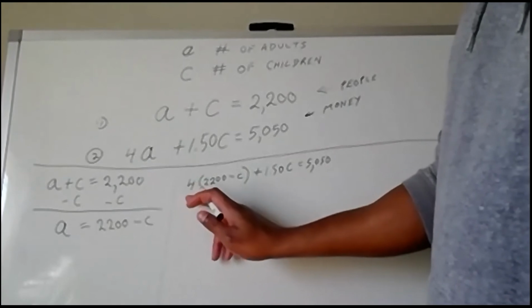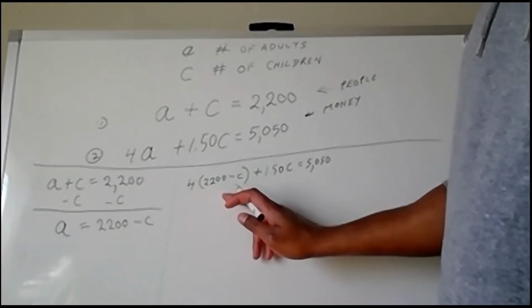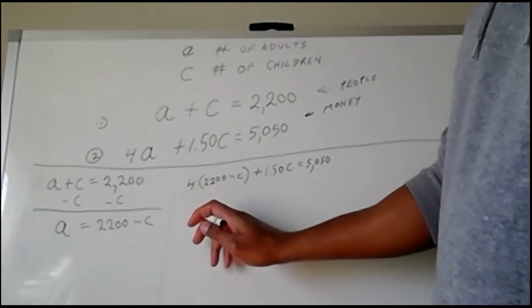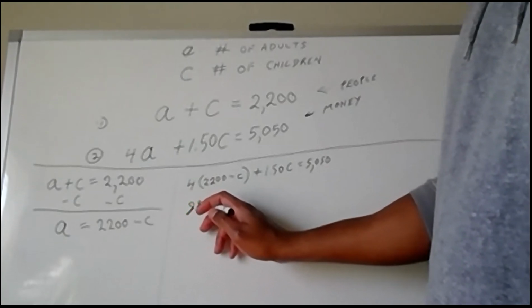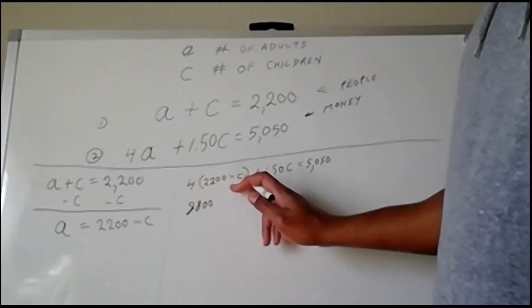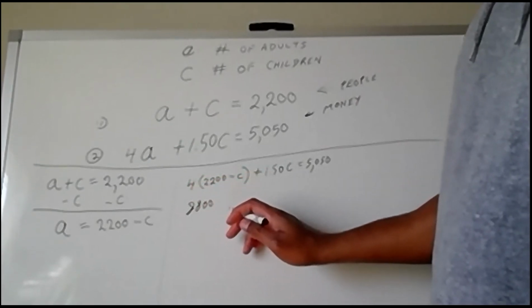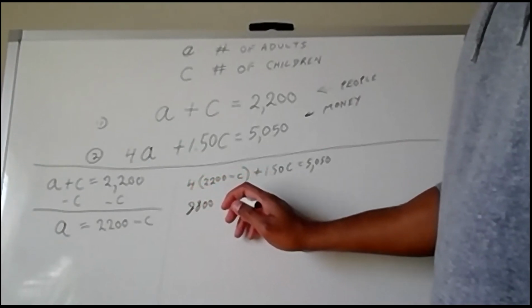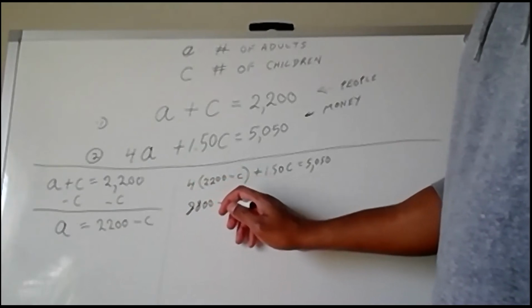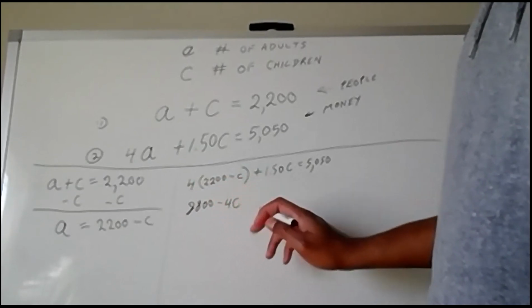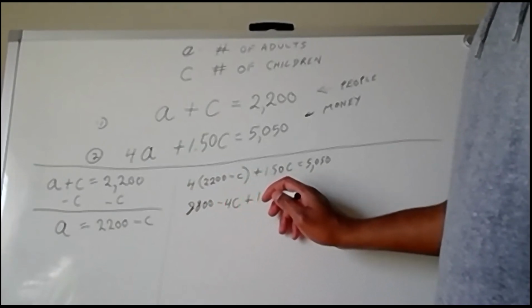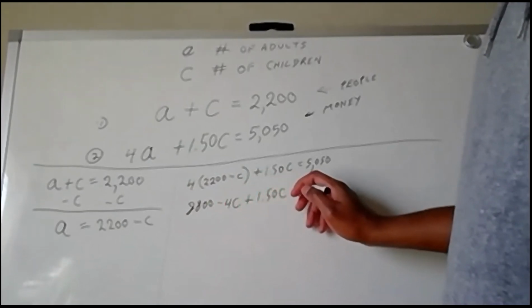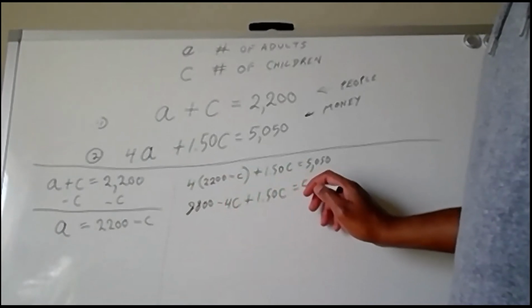What's 4 times 2200? That's 8800, right? So 8800. 4 times negative C is negative 4C, right? Plus 1.50C is equal to 5050.